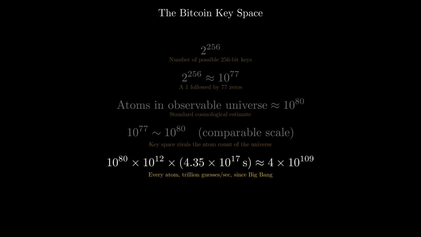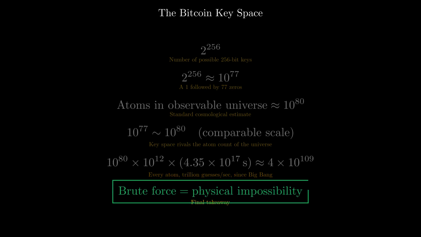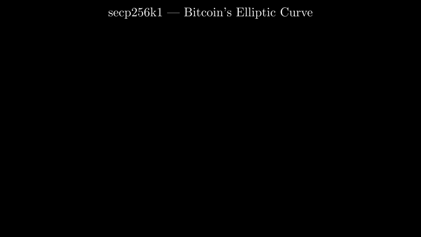Here's the kicker. If every single atom in the universe ran 1 trillion guesses per second, starting from the Big Bang until today, you still wouldn't make a meaningful dent in the search. This is why brute forcing a Bitcoin private key isn't a computing challenge. It's a physical impossibility.